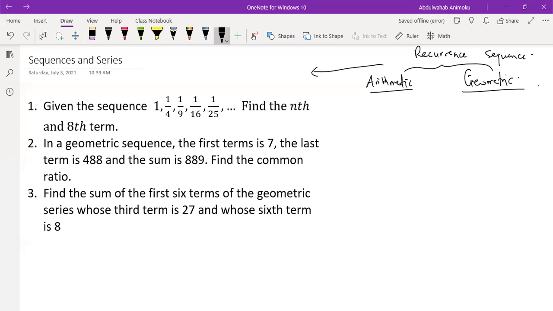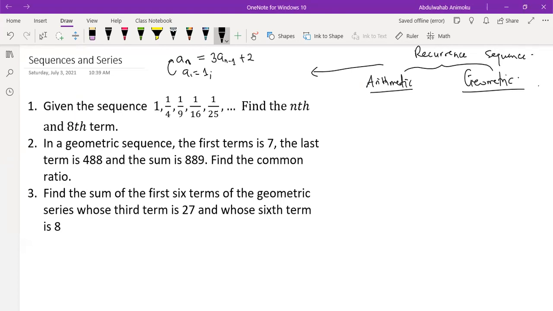So an example is this. Let's say I have a sequence with the general term an, then if the sequence depends on the (n minus 1)th term, then this would be a recurrent sequence. Let's say the first term is given as 1, and then we can get any other term in this sequence by following this recurrence relation. Okay, this is called a recurrence relation.